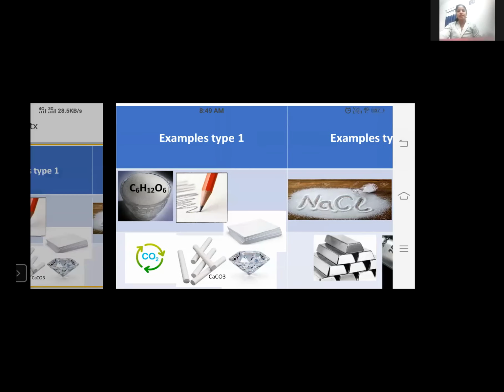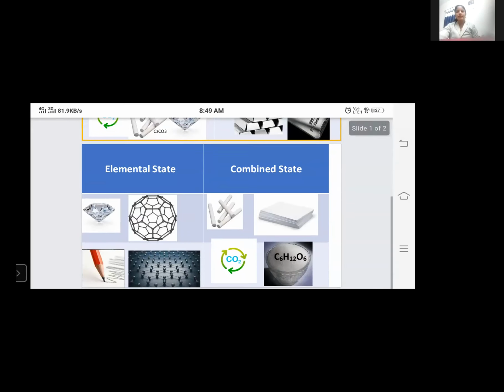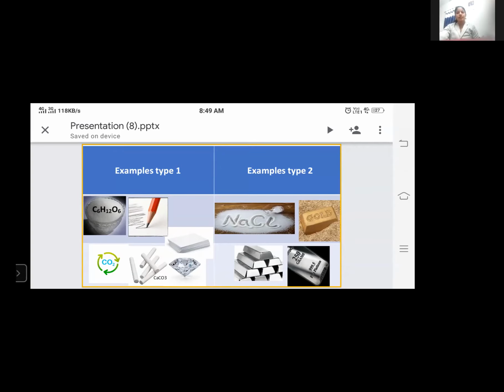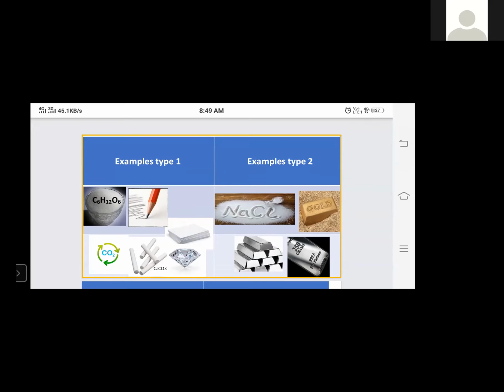Yes, Ashwini teacher. We can see in combined state, sodium chloride, gold, and silver. They are all in combined state. And in elemental state, we can see graphite, diamond, graphene, and fullerenes.